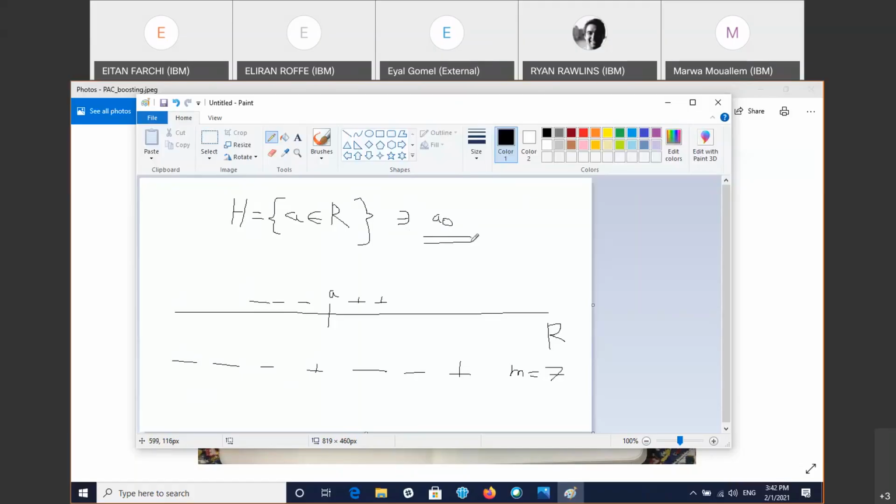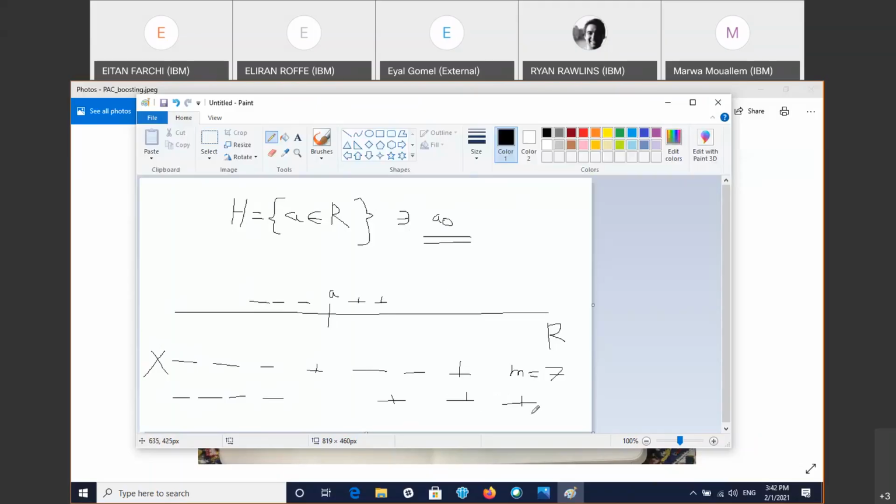Because of the realizability assumption, we can only see pictures like that: minus, minus, minus, minus, and then possibly plus. That's the only possible picture. This picture is not possible. Can't see it because we made the realizability assumption.